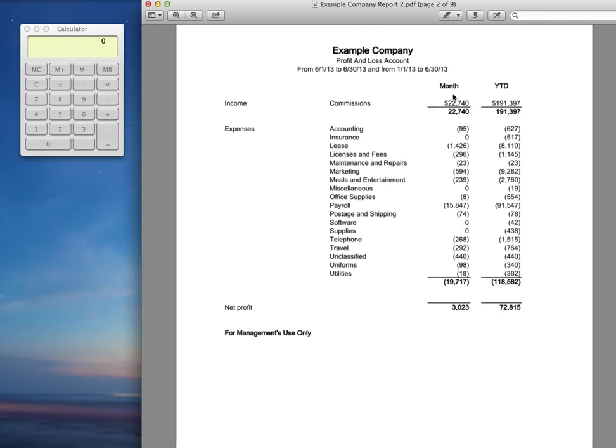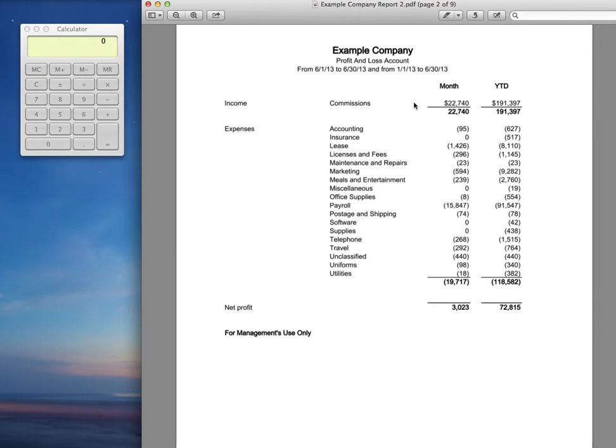So looking at these numbers and digging into them a little bit, we've got $22,740 coming in as commissions during June. So that means that maybe there's 10 or 20 transactions, deposits into this example company's bank account that all add up to this $22,740 number.